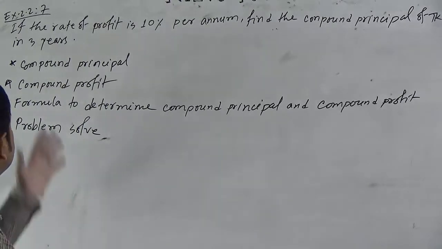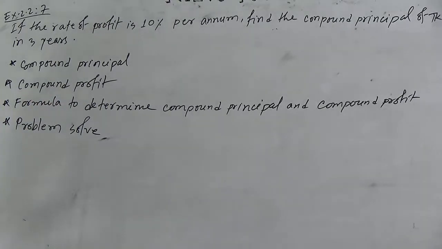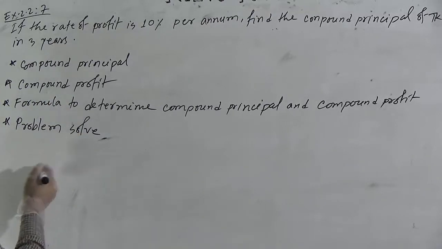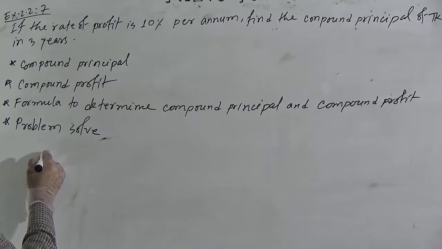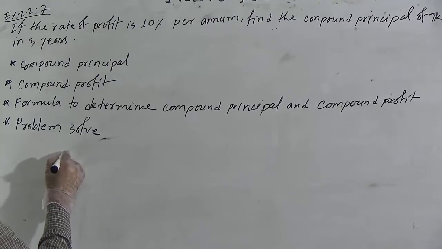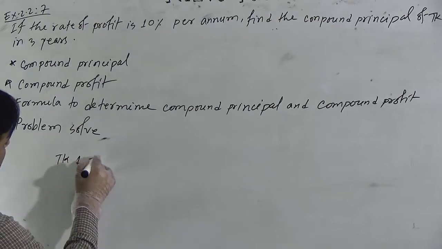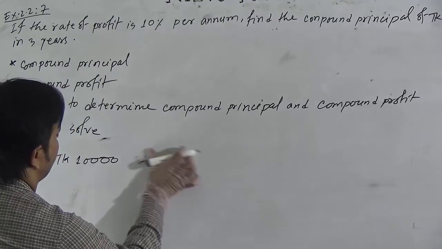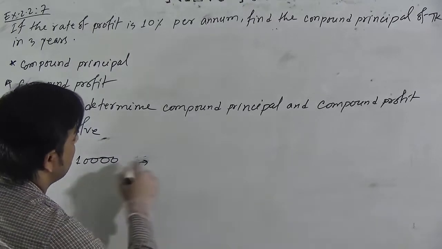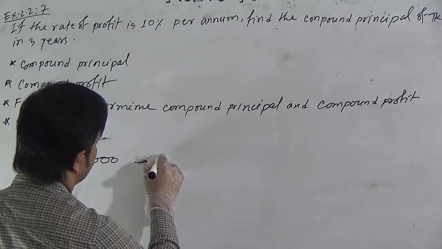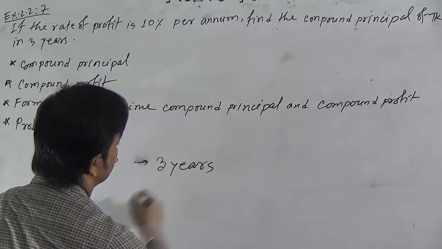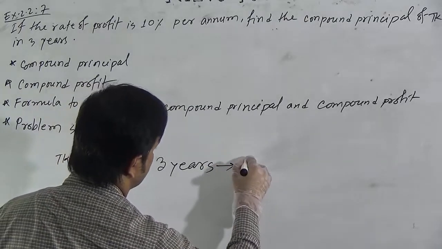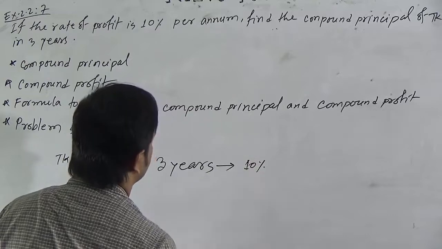Let us start. To understand the compound principal, I'll give an example at first. Suppose a person deposited taka 10,000 in a bank for 3 years, and the rate of profit is 10%.